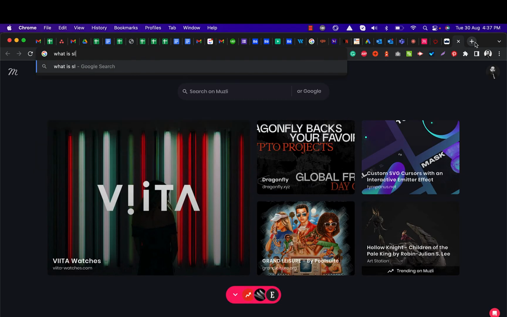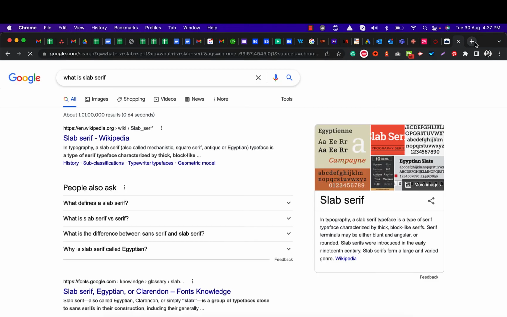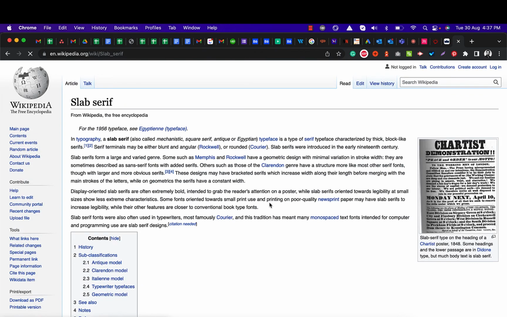I don't know about what is slab serif. So let's talk about what is slab serif. In typography, slab serif is also called mechanistic, square serif, antique, or Egyptian. Let's check Wikipedia.